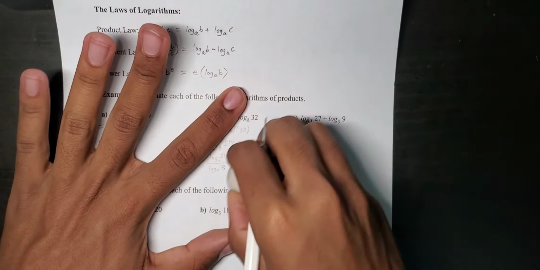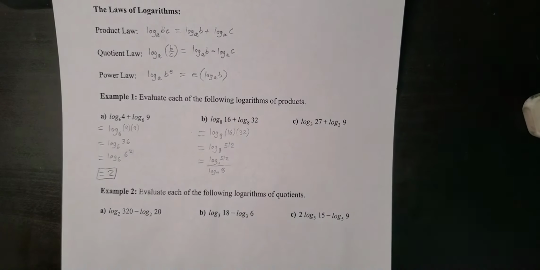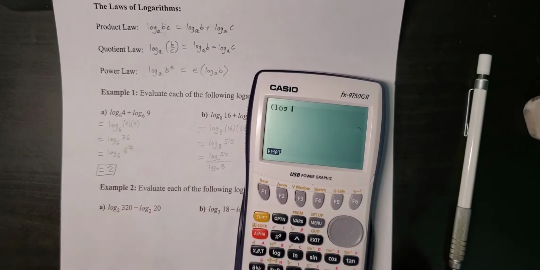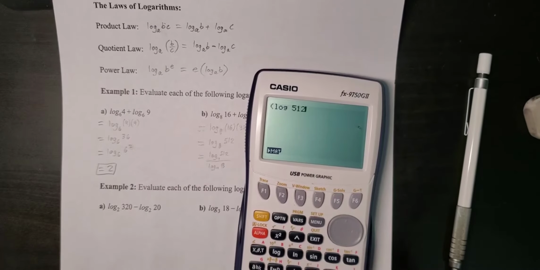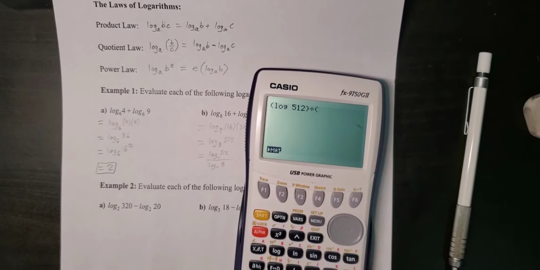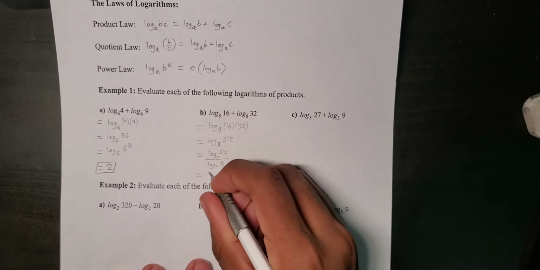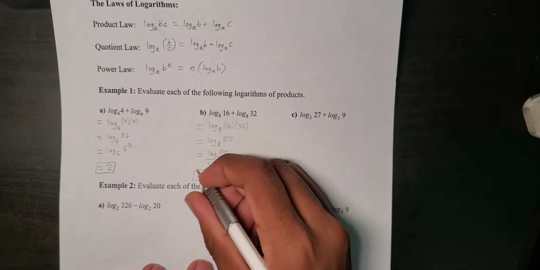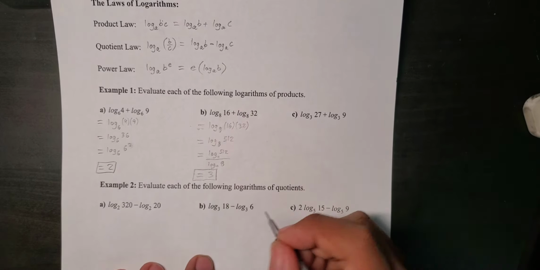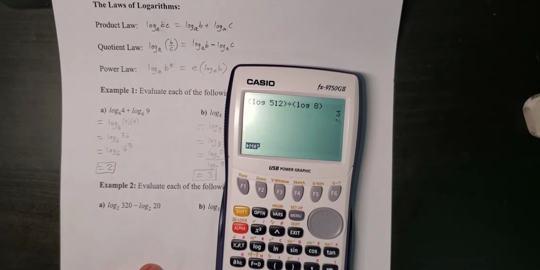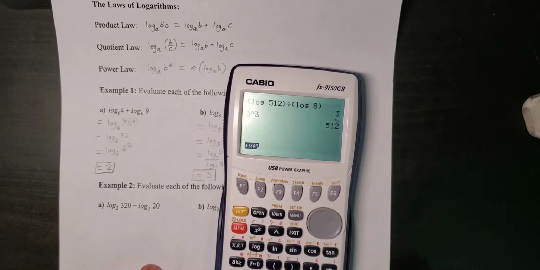So on your calculator, when I do that, it is equal to 3. That means that 8 to the power of 3 is equal to 512. You can even check on the calculator. As you can see, it equals 512.